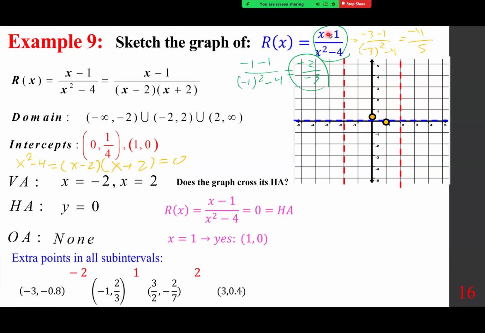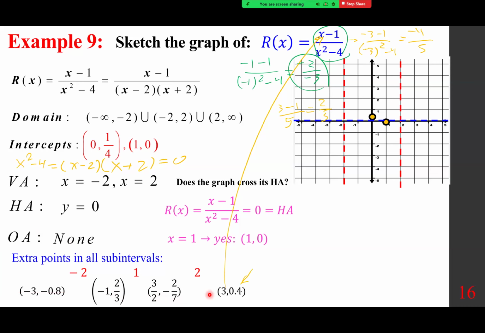I get 2 at the top, my apologies. If I plug in 3, I get 3 minus 1 over, again, the same thing, 5. So we get 2/5 or 0.4. And as I mentioned, -1 and 3 are extra points to help us see the graph better.